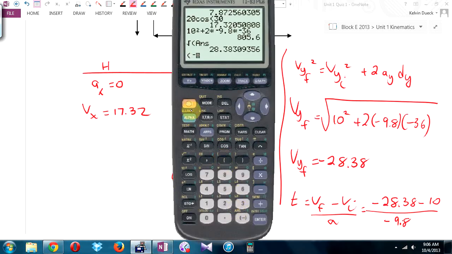Negative 28.38 minus 10 divided by negative 9.8. You get a time of flight of 3.92. I'll go 3.9166 seconds. Those who did the quadratic equation should have got the same thing.